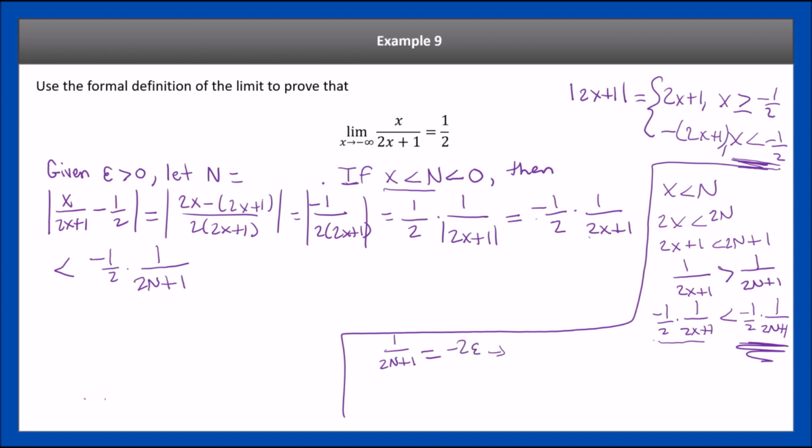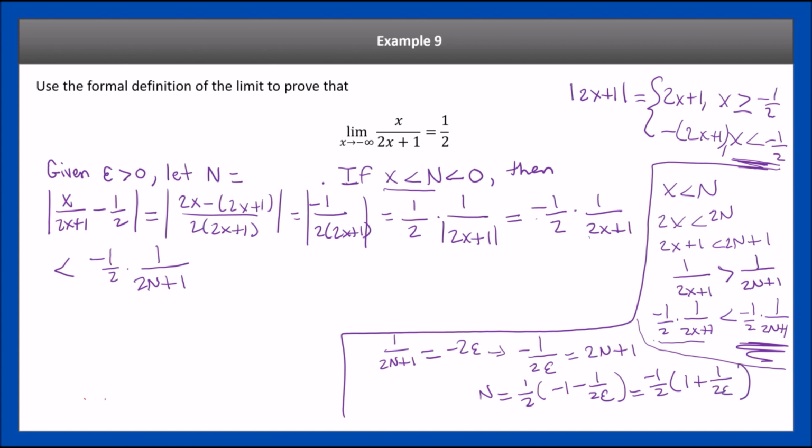So if I solve that, negative 1 over 2 epsilon equals 2n plus 1. Solving for n, I subtract 1 and divide by 2. So I get negative 1 minus 1 over 2 epsilon, and then pulling the negative out, negative 1/2 times 1 plus 1 over 2 epsilon.